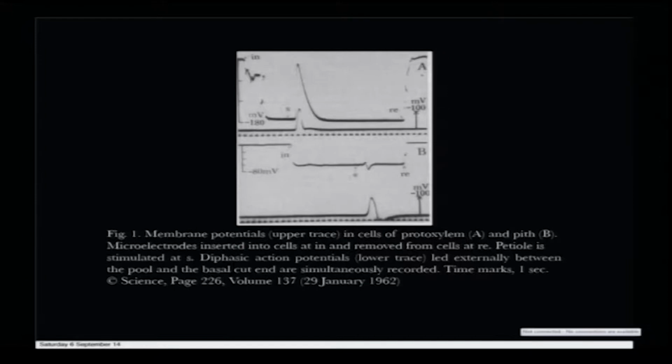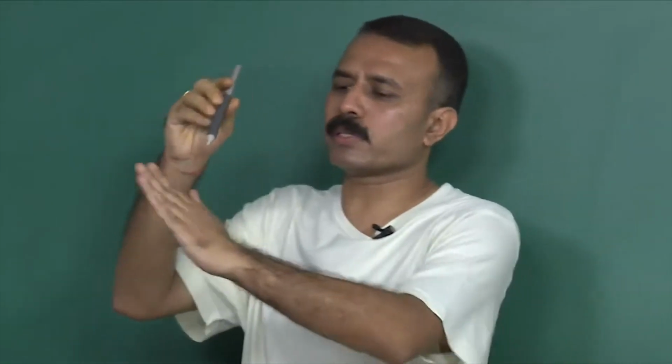Petiole is stimulated at S, which you can see very clearly when you give the stimulation, and diphasic action potential, lower trace, led externally between the pool and the basal cut, are simultaneously recorded. If you go through this original paper in Science, everything will be clear. Just for your understanding before you read the paper, this is how it works.